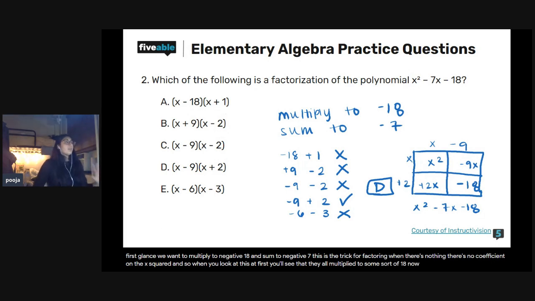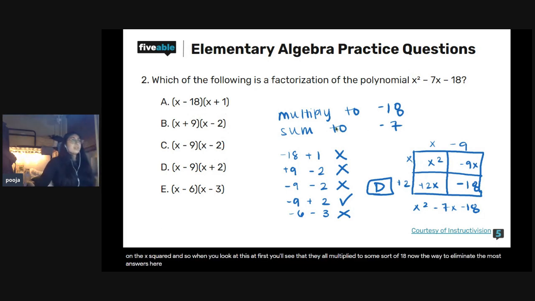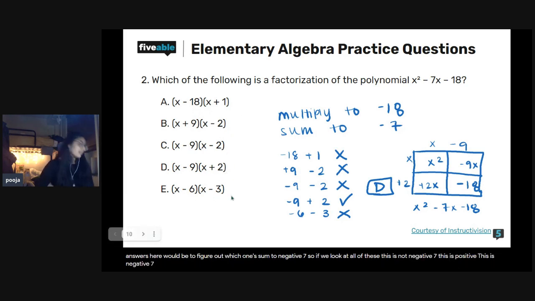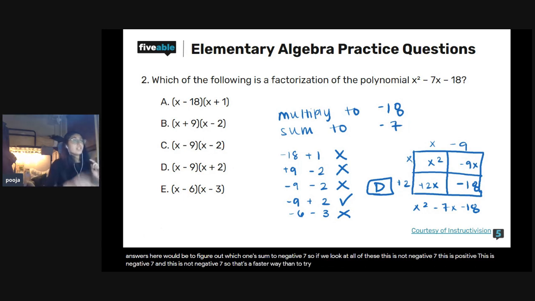Now, the way to eliminate the most answers here would be to figure out which ones sum to negative 7. So if we look at all of these, this is not negative 7. This is positive 7. This is not negative 7. This is negative 7. And this is not negative 7. So that's a faster way than to try to check for both conditions first. So your answer is D.